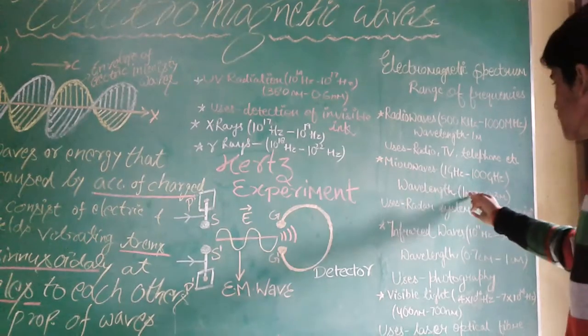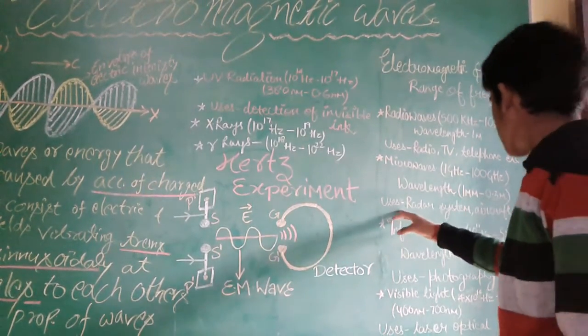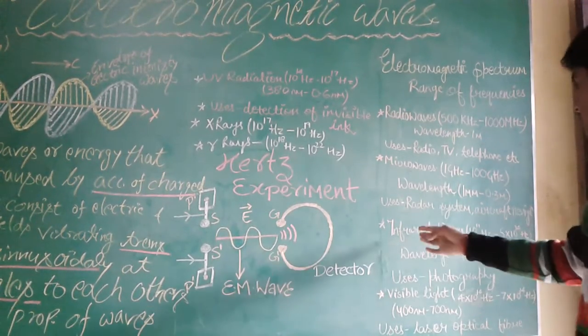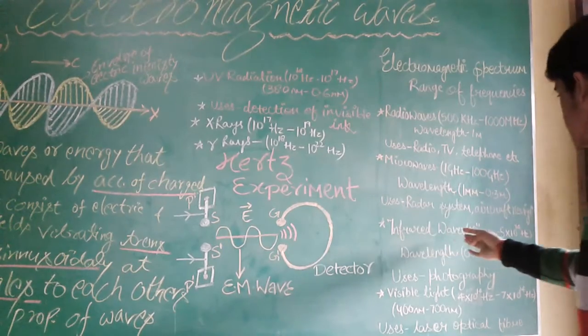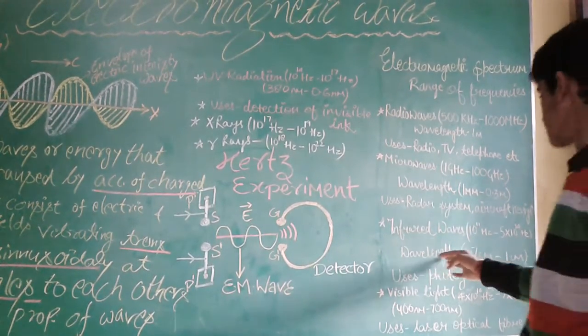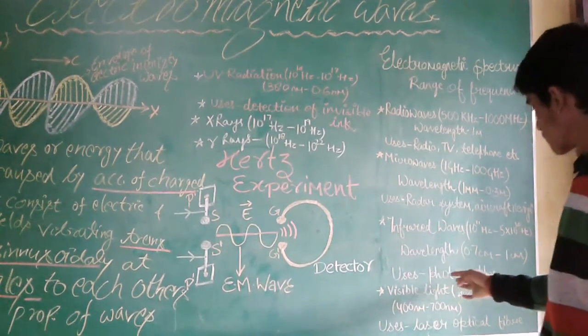Their wavelength is 1 mm to 0.3 meter. Uses: radar system, aircraft navigation, etc. Next is infrared waves. These are 10 power 11 hertz to 5 into 10 power 14 hertz, wavelength 0.7 centimeter to 1 centimeter. It is used in photography.